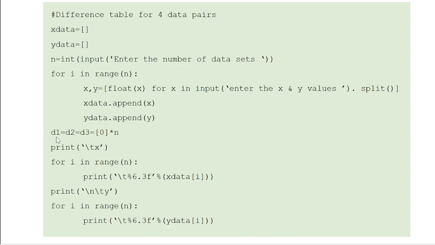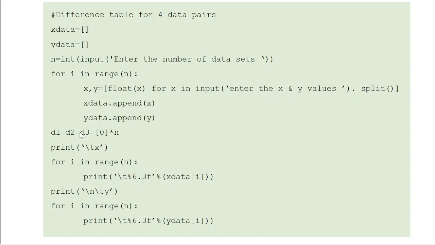So basically D1 will have n elements, all the elements are 0. D2 will have n elements, all the elements are 0. Similarly, D3 also will have n elements, all the elements are 0. So you basically start with all the elements being 0. Now you can modify all these elements. Okay.